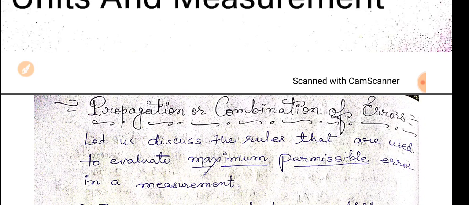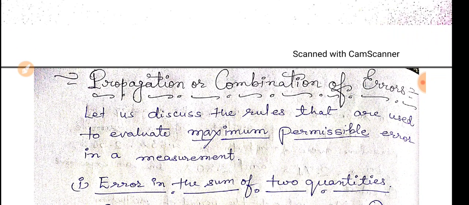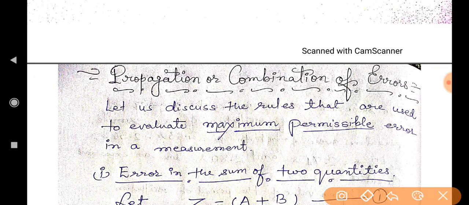Let us discuss the rules that are used to evaluate the maximum permissible error in a measurement so that we can correct our errors to get the true value of the measurement. So today we will study the propagation or combination of errors to determine the maximum permissible error.